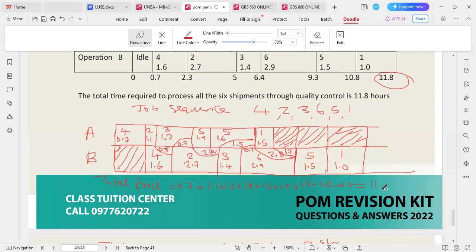So this is the final answer for this problem, using operation A. Even if we use operation B, the total time should be the same. So we can say for B, 0.7 plus 1.6, then plus 2.7 plus 1.4, then plus 2.9, plus 1.5, then plus 1.0.